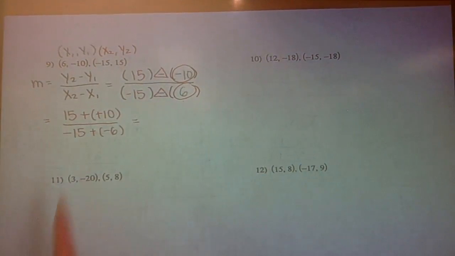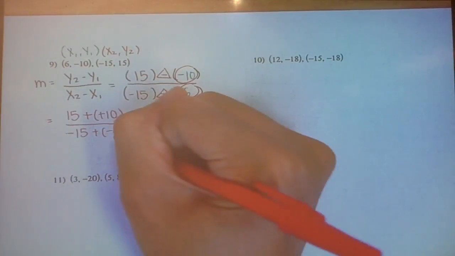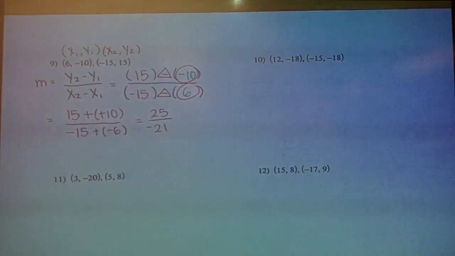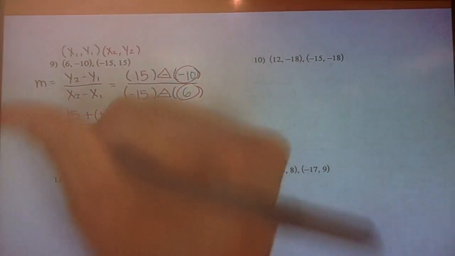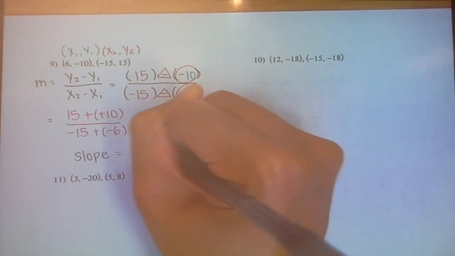So 15 plus 10 gives me 25. Negative 15, negative 6 gives me a negative 21. So those numbers do not have any common factors. So the slope is negative 25 over 21.